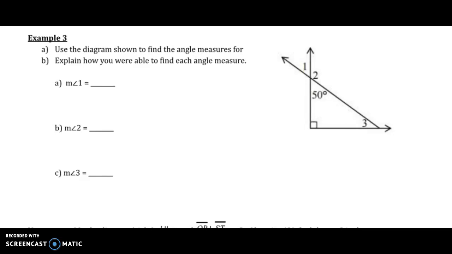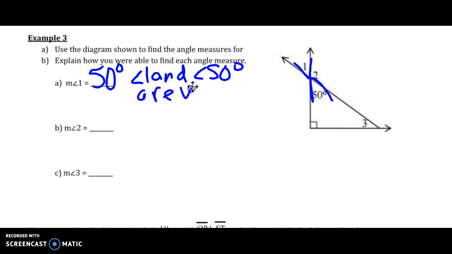So if we look at this diagram, we see that angle 1 and the angle of 50 degrees are vertical. And we know that vertical angles are always congruent. Okay, let's find the measure of angle 2.